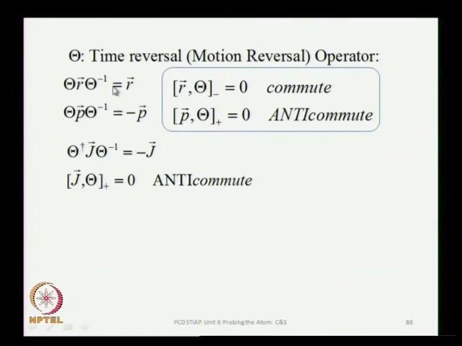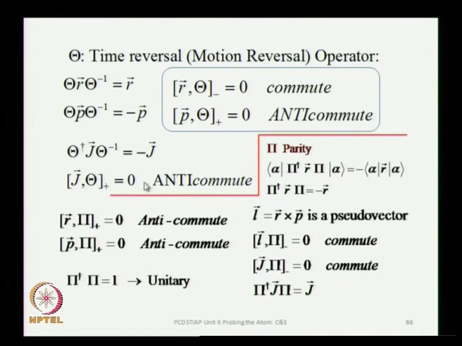It has got some interesting properties which I will not discuss at length, but mention them: the time reversal operator would commute with the position operator, but it will anti-commute with the linear momentum, and it will anti-commute with the angular momentum. But you can contrast this with the parity operator, which is another discrete symmetry in quantum mechanics, and it has some resemblance because it is one of the three discrete symmetry operations of the standard model.